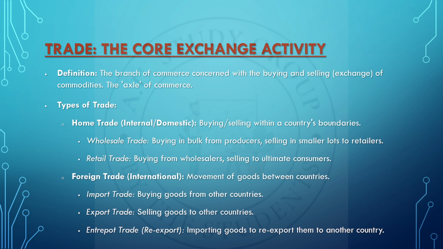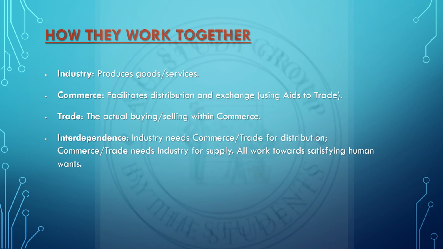Buying goods from outside is called import. Selling goods outside of the country is called export. Buying from one country and selling the same product to another country is called Entrepot, re-export. Fantastic.